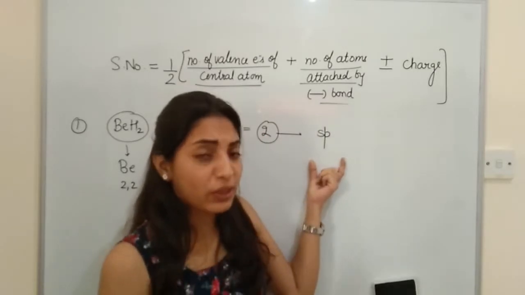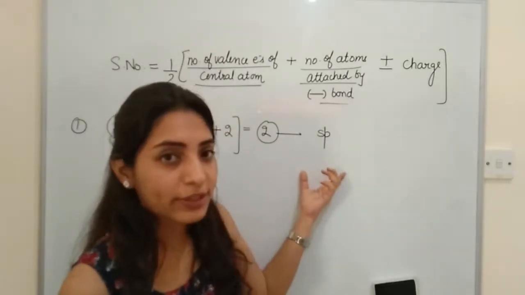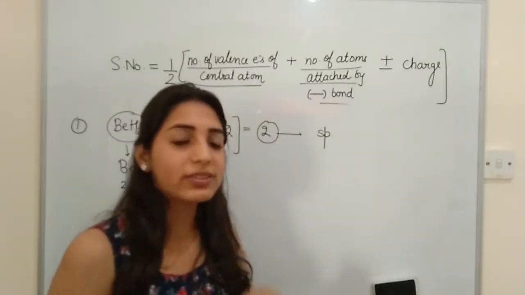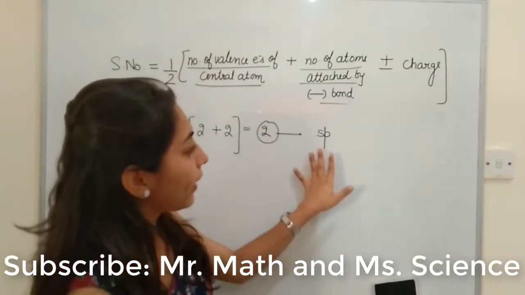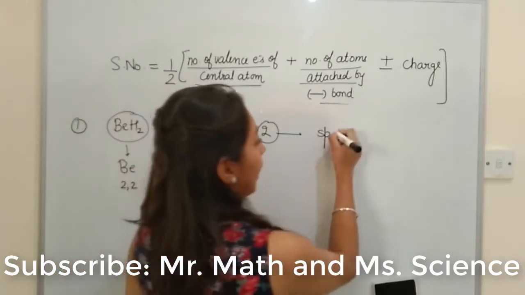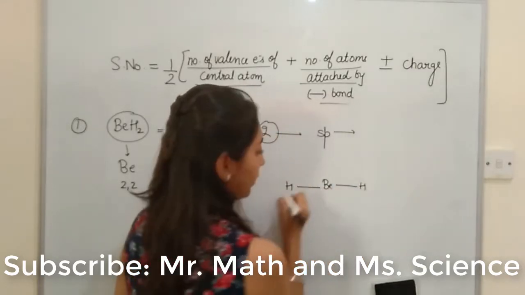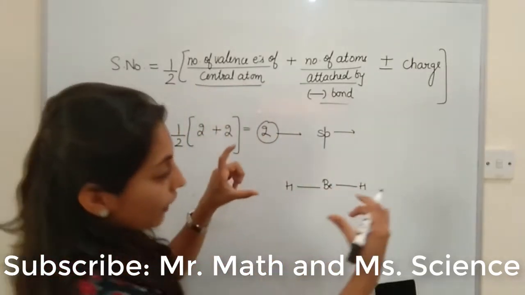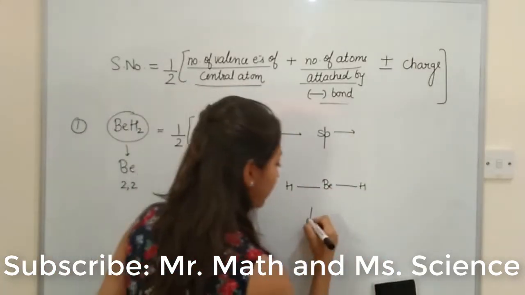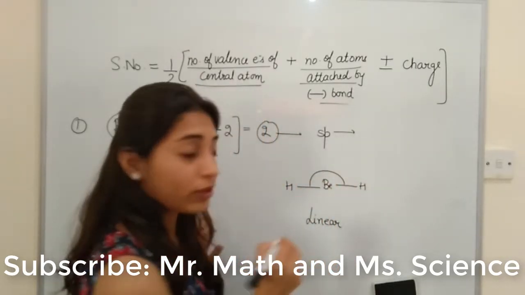Now you might be thinking, what is hybridization? Wait for a few more lectures where I'll tell you what is hybridization. You have to re-watch this video after hybridization. Right now this is not important for you. So hybridization is sp and the shape will be H-Be-H. See, if you take a picture from here, the shape is linear, and what will be the angle between the 2 bonds?